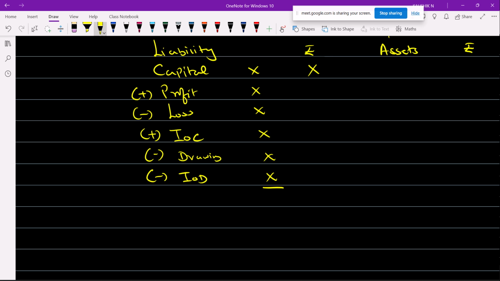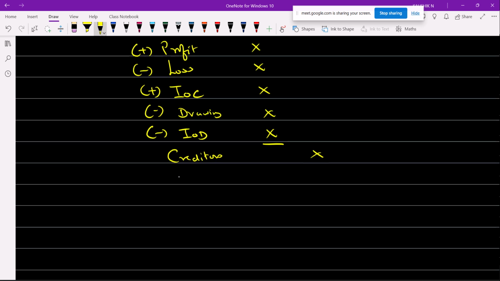Next, you will be recording items such as creditors, then bills payable, bank overdraft. Next, what else is to be recorded?